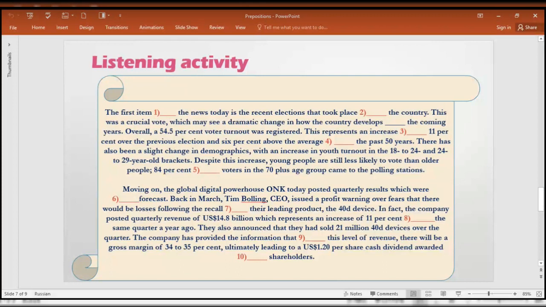The fifth one, the sixth one, guys, what do you think? Yes, above. Right. The seventh is off, right. The eighth one is off, the ninth one is west, and the tenth is to. Thank you guys. So I am going to go on with the next activity.